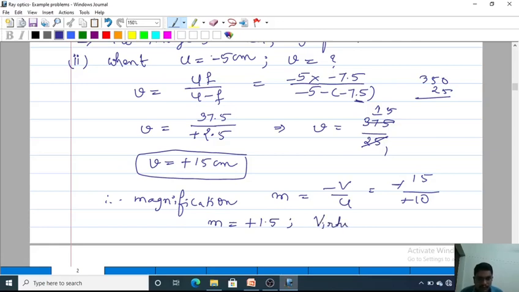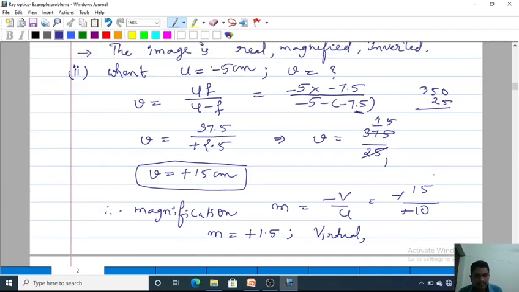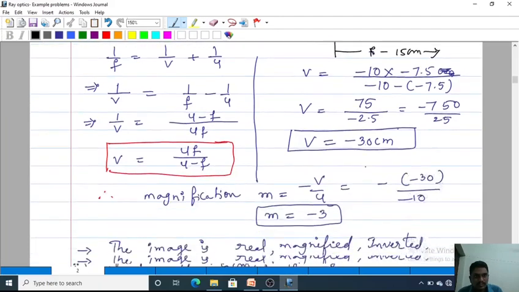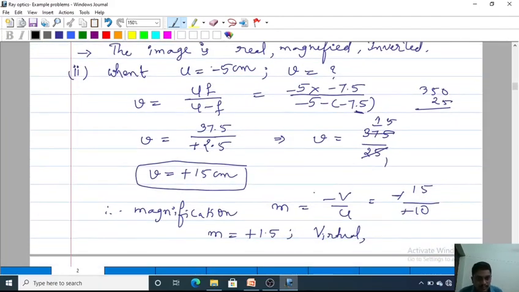Why? Because the image is formed behind the mirror. The object is located at 5 centimeters, and you will get the image of this object behind the mirror. That is why this is a virtual image, not a real image. A virtual, erect and magnified image is obtained behind the mirror.